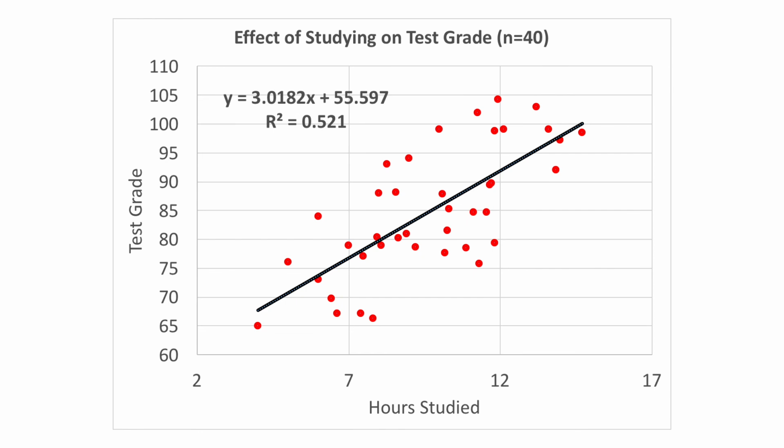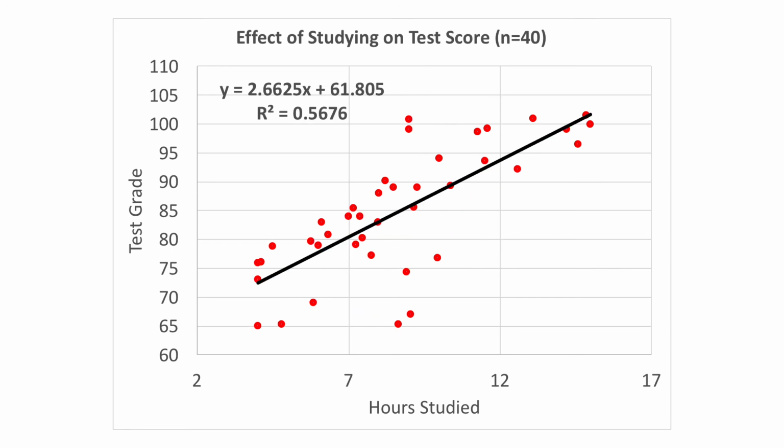Here's a second scatter plot showing information on a sample of a different 40 students. Once again, we find that the amount of time spent studying has a positive impact on your test grade. So here, the estimate for b subscript 1 hat is 3.0182. In other words, if you increase your studying by an hour, it lifts your grade by about 3 points, or a little over 3 percentage points.